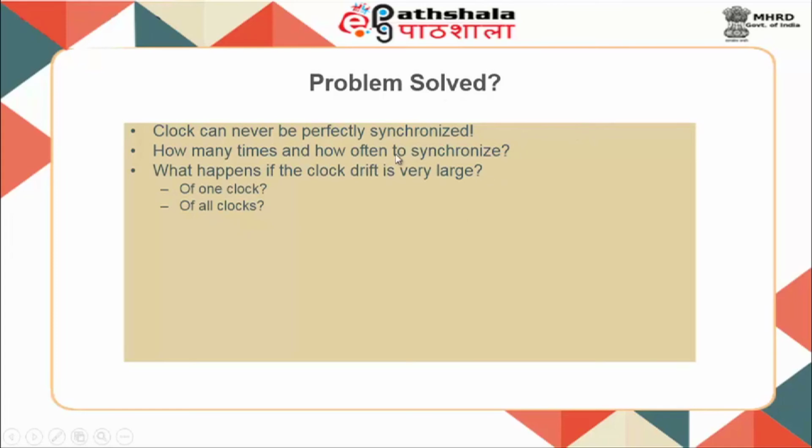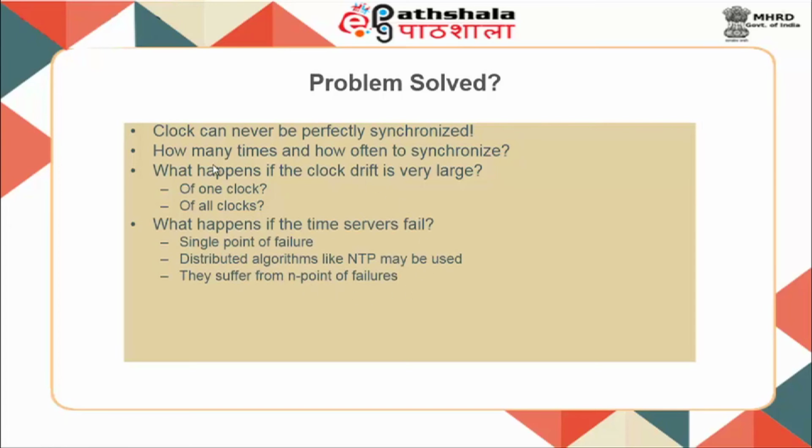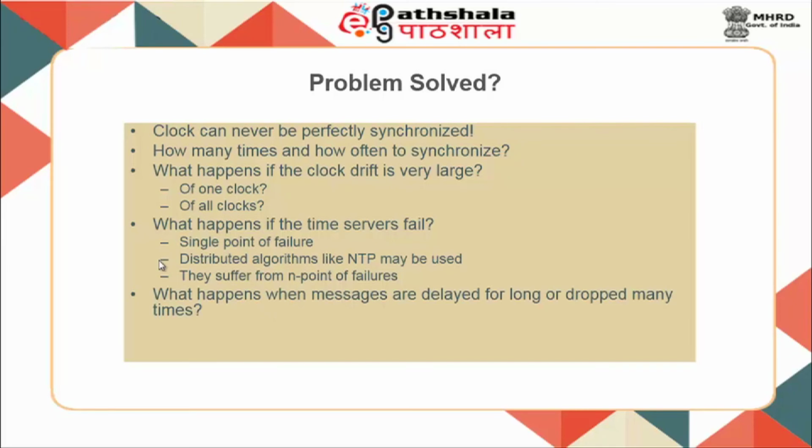Further, when the drift is very large for one clock, we can resolve it. If all the clocks are drifting very far apart, then we do not know how to solve it. And a very important question is what happens if the time server fails. This is called a single point of failure, and there have been mechanisms or algorithms which try to resolve this by generating a distributed algorithm, but some problems will arise there also.